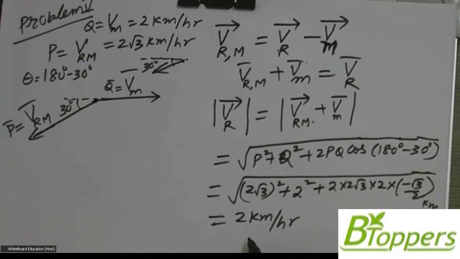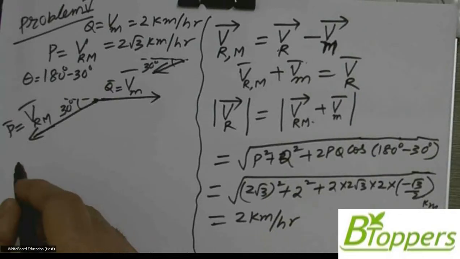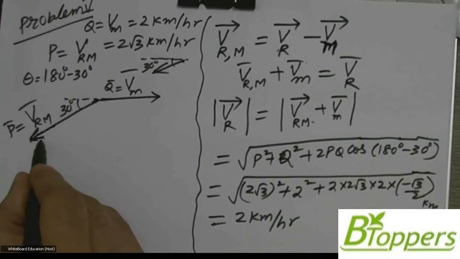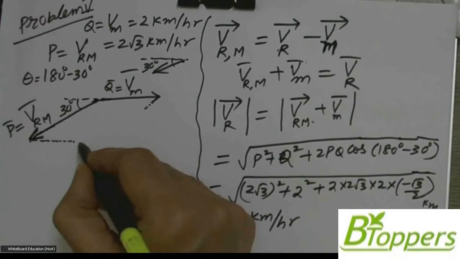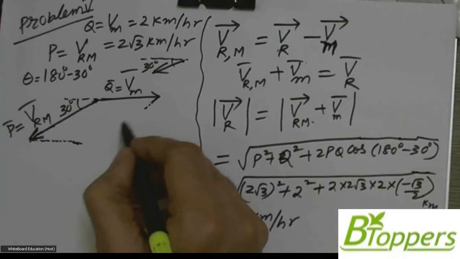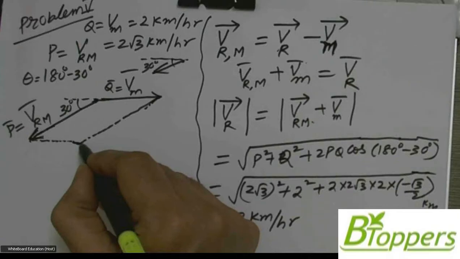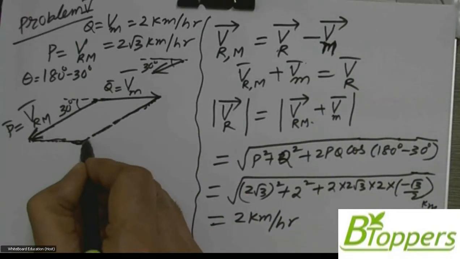To find the direction of the actual velocity of raindrops, we can use the formula for the direction of the vector sum of two vectors, which I have discussed previously. That means here you can complete the parallelogram with the two vectors p bar and q bar as adjacent sides, such that the tail of p bar is attached to the tail of q bar.